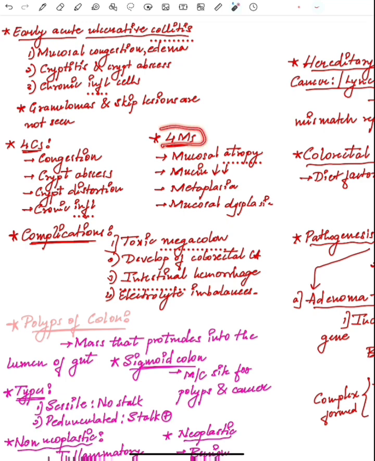Now 4 M's. Here 4 M's are mucosal atrophy, decrease in the mucin, metaplasia, and mucosal dysplasia. The complications of this colitis are toxic megacolon, colorectal carcinoma, intestinal hemorrhage, and electrolyte imbalance can be seen.